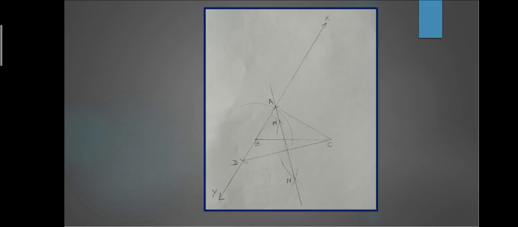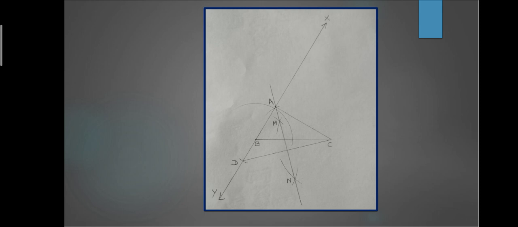Now we are going to join A to C. So ABC is our required triangle. To justify this construction, we see that the perpendicular bisector of CD divides the triangle ACD into two congruent parts. So by CPCT, AC and AD are equal.